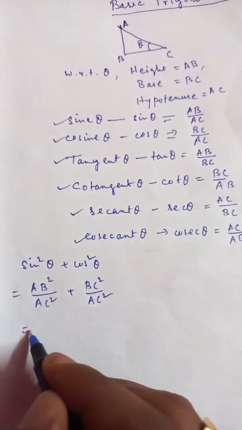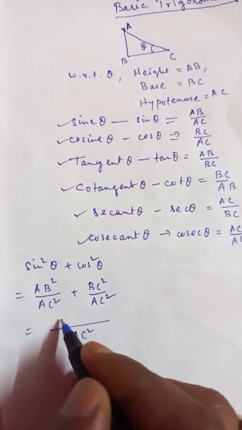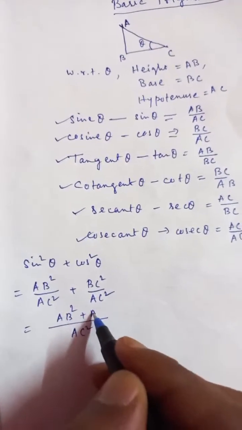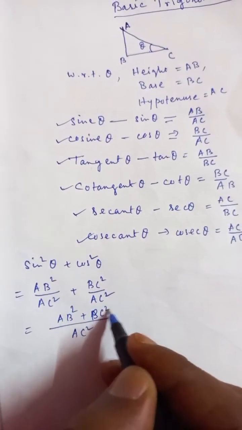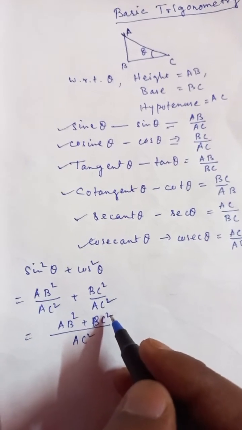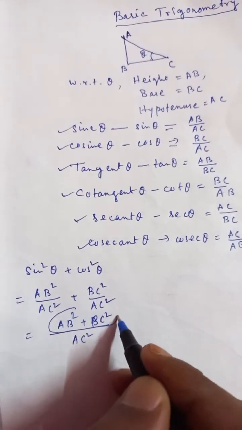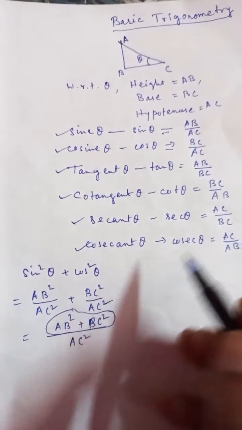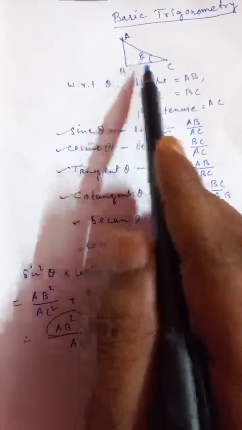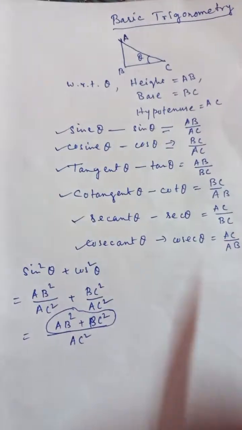So this will be AB square plus BC square by AC square. Now if we use Pythagoras theorem, this numerator will be equal to AC square. We know that height square plus base square is equal to hypotenuse square.